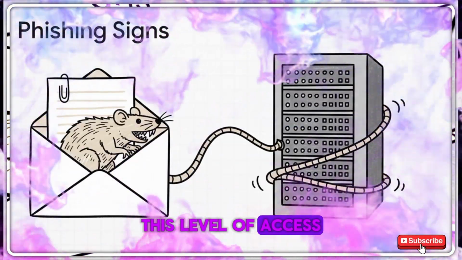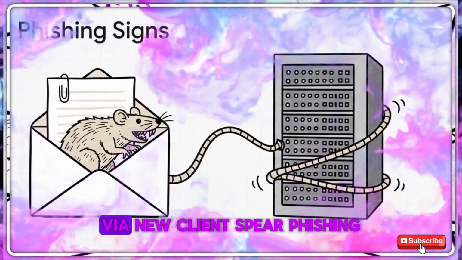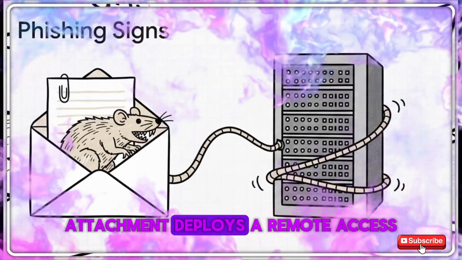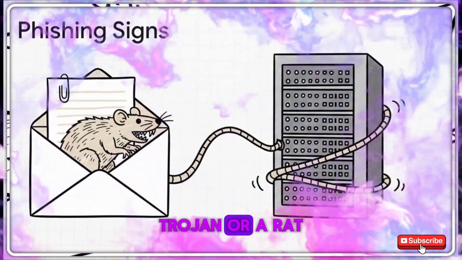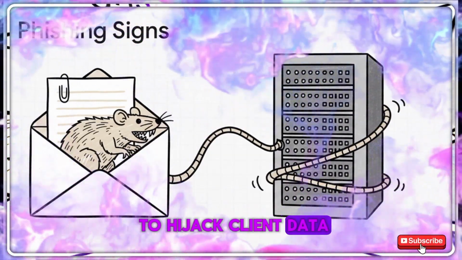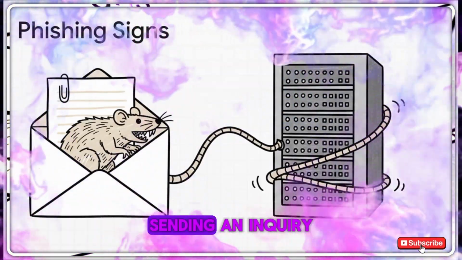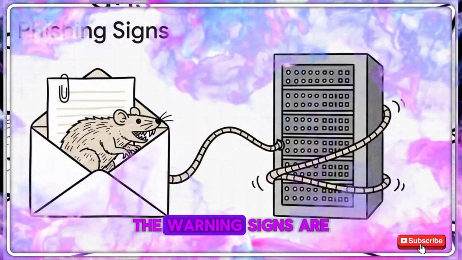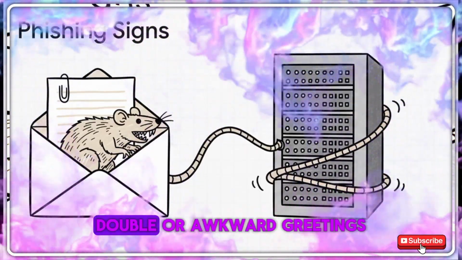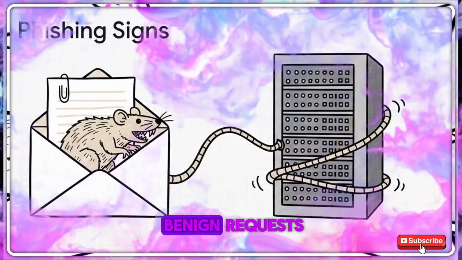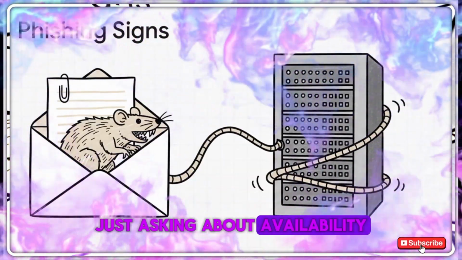This level of access is almost always executed via new client spear phishing, where a malicious email attachment deploys a remote access Trojan, or a RAT, to hijack client data. Basically, the attacker poses as a potential new client sending an inquiry. The warning signs are usually pretty subtle: double or awkward greetings, forced urgency, maybe seemingly benign requests just asking about availability.